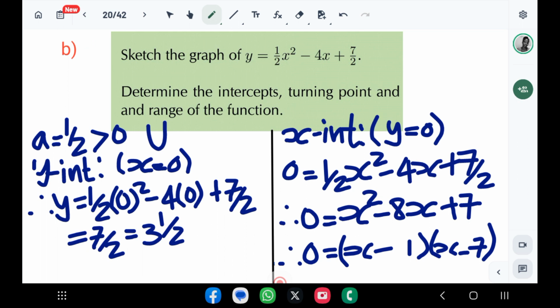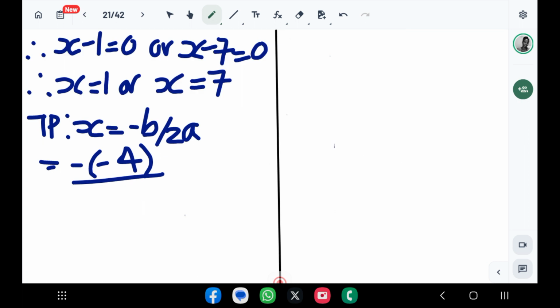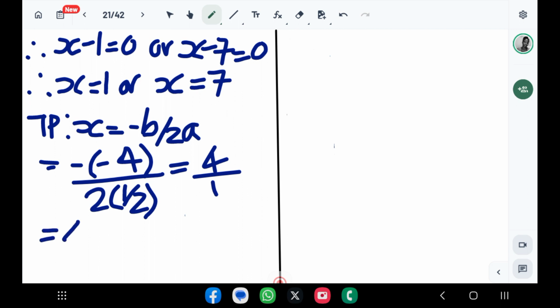A is half. 2 times a half is 1. So the x coordinate of the turning point is equal to 4.